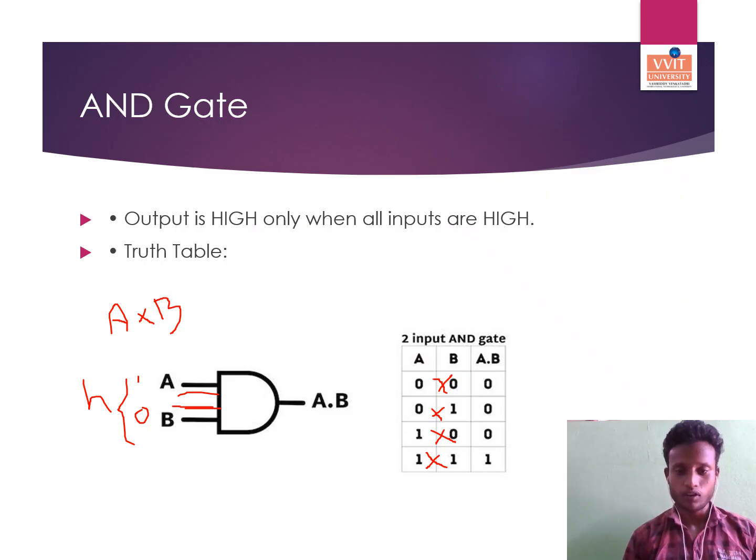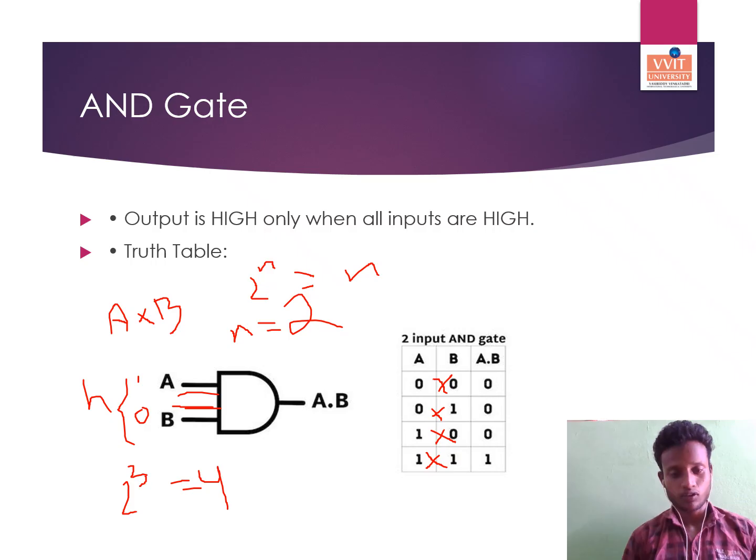We have one formula for the combinations: for n inputs, we have 2 power n combinations. If n equals 2, we have 2 power 2 equal to 4 combinations. If n equals 3, we have 2 power 3, which is 8 combinations. Okay, this is all about the AND gate.